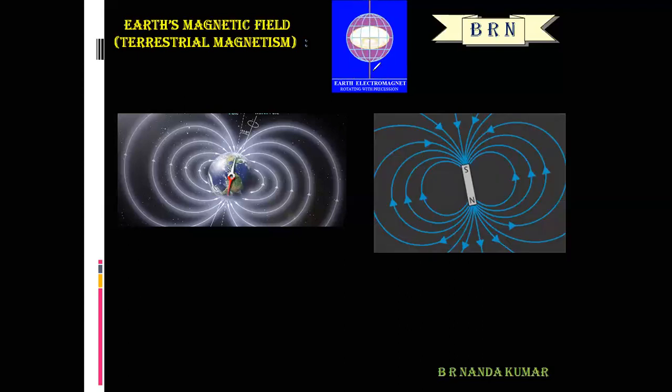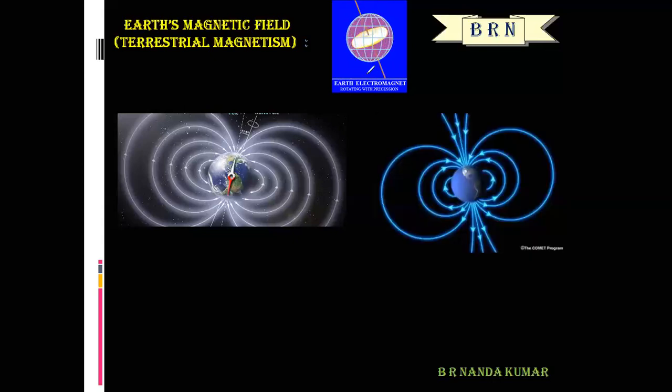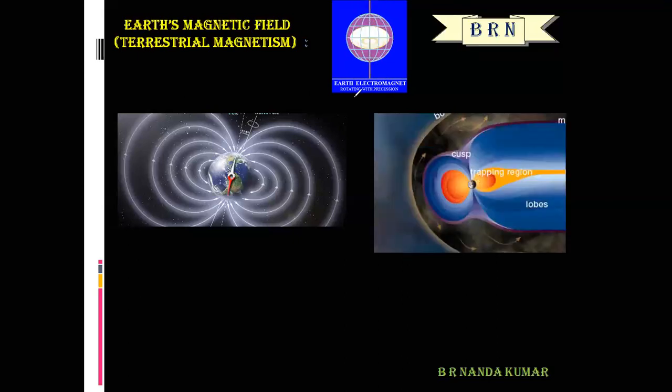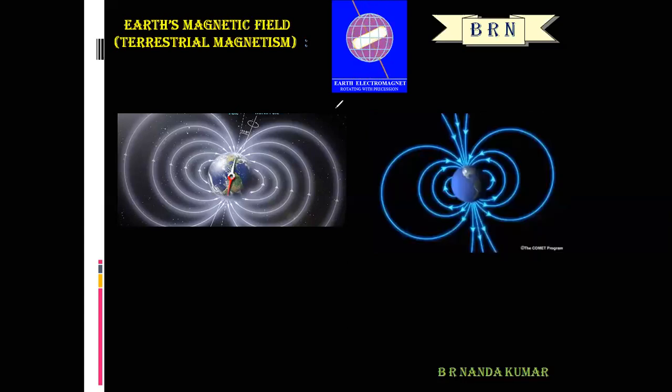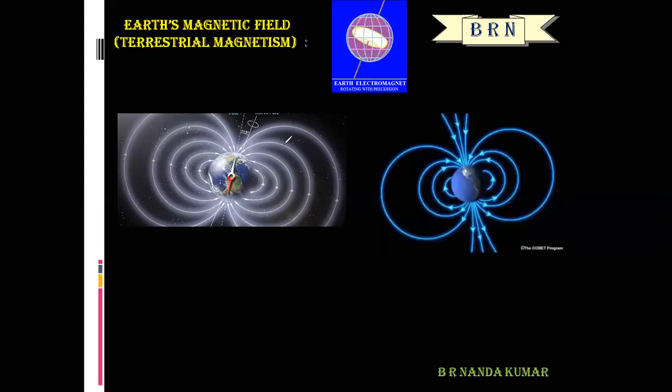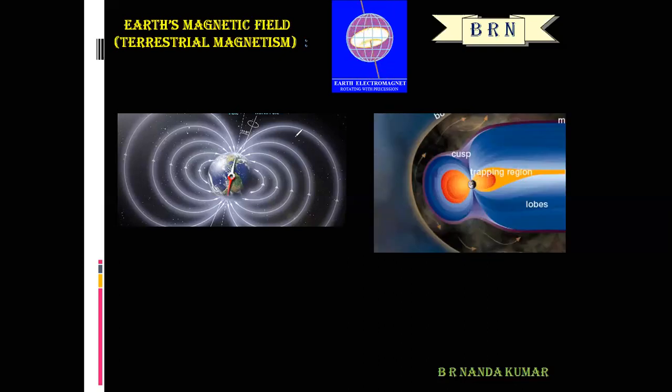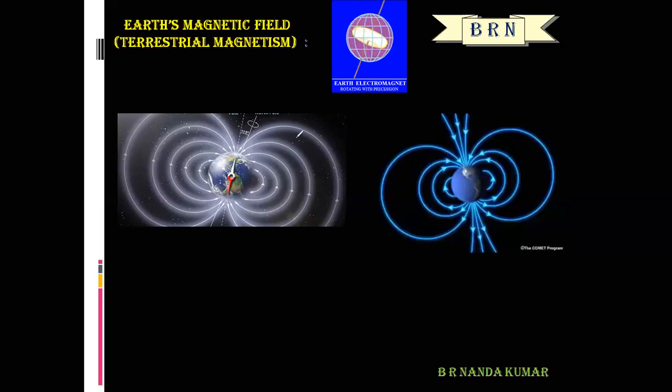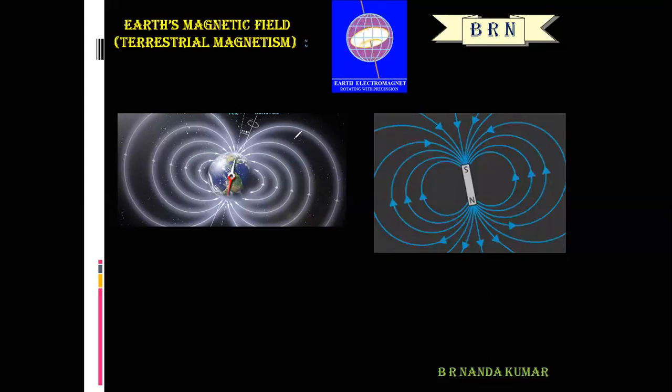Earth's magnetism is due to electrical currents produced by the convective motion of the molten iron and nickel in the outer core of the Earth. The Earth's magnetic field plays a very important role in the formation of Van Allen belts. The Earth's magnetic field protects the life on the surface of Earth from harmful cosmic rays. So these are some very important uses of Earth's magnetic field.